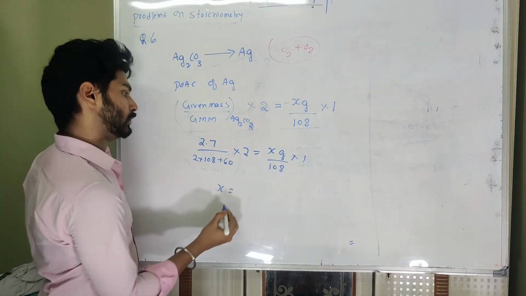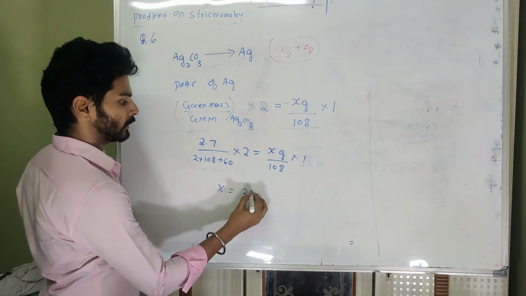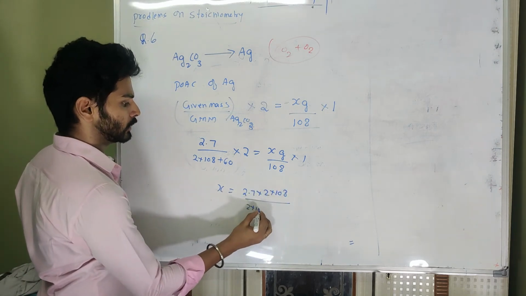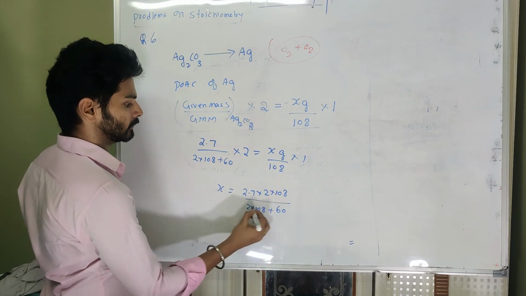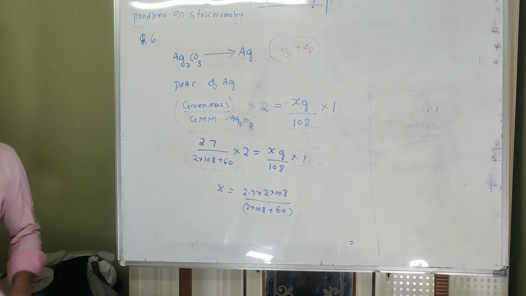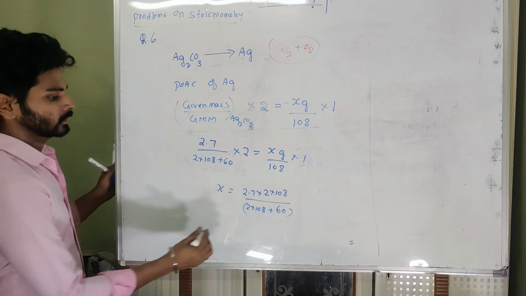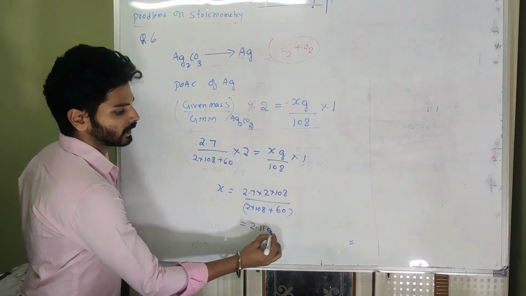So X equals 2.7 into 2 into 108 divided by 2 into 108 plus 60. So this is 2.11 gram.